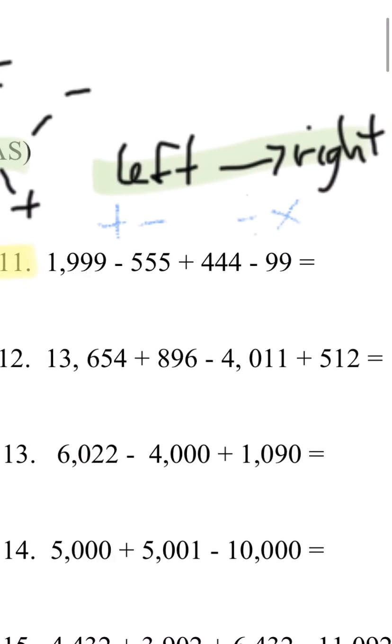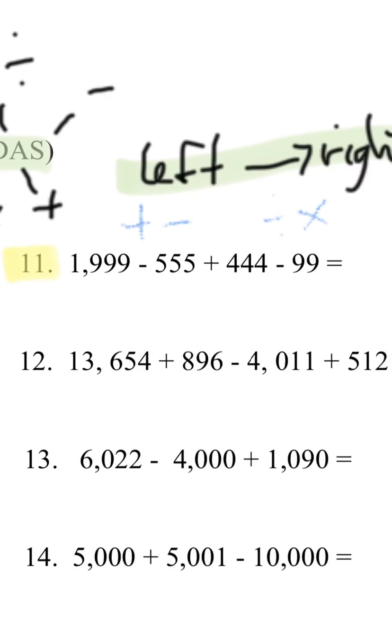Let's look at number 11. Again, we have subtraction and addition together, so we just have to follow the rule of left to right. So 1,999 minus 555 equals 1,444, right?